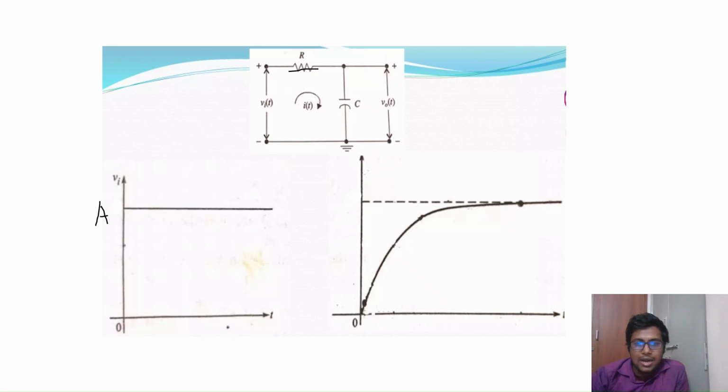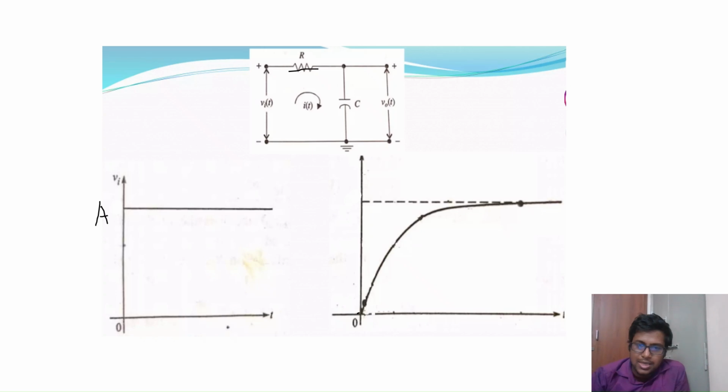So hence at t equal to 0, the capacitor will behave like a short circuit. It will not allow any sudden change in the voltage, and it tries to maintain the zero voltage level. That is zero voltage level in the sense, in other words, you can say that it is a short circuited terminal.